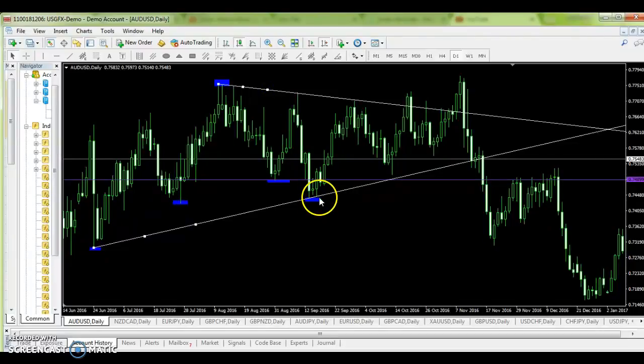Now as you can see, on this point it has clearly breached, and we had assumed to sell, so our sell order would be right on this point.